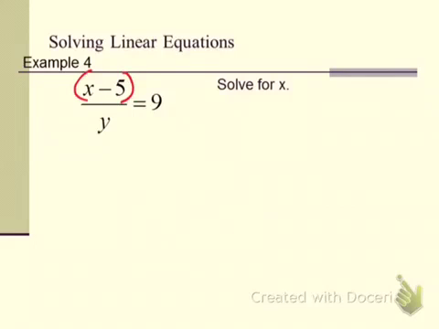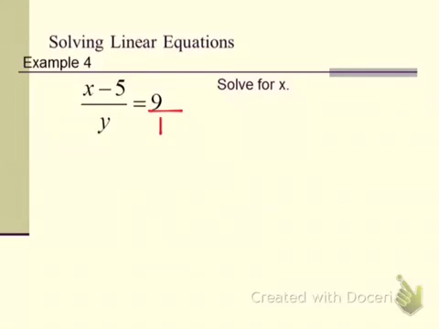Somebody said multiply by y. What's another thing we could do here? It's going to be equivalent, right? Multiplying by y is a correct answer. No question about it. But what I want you to learn to recognize is that what we're working with here is a proportion. How do you solve proportions?